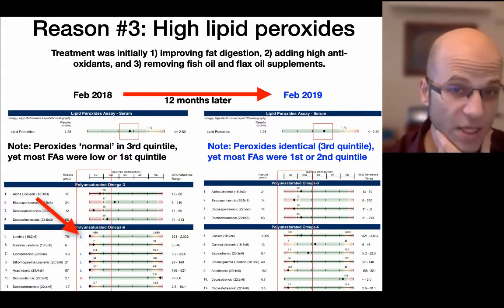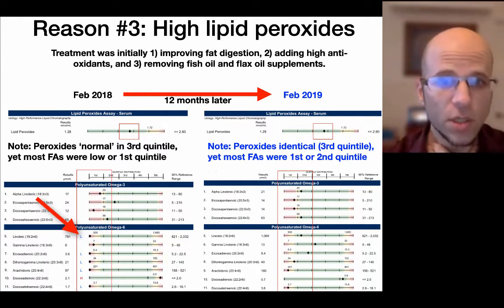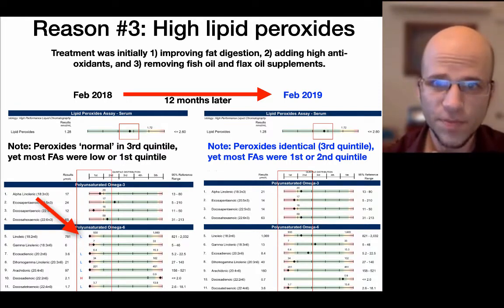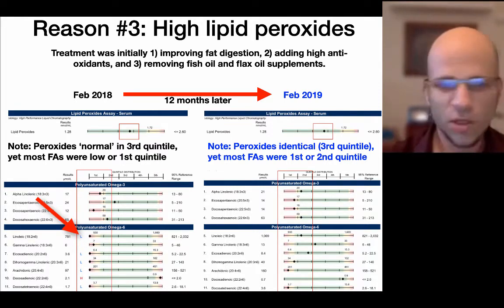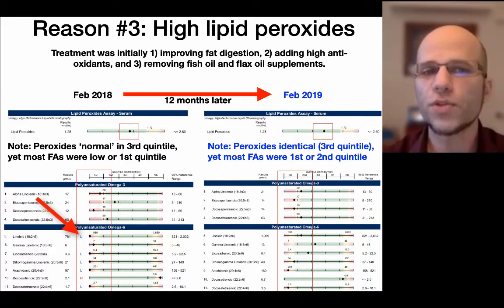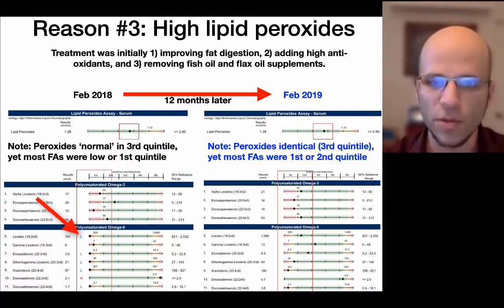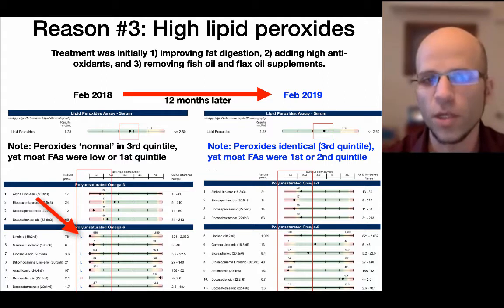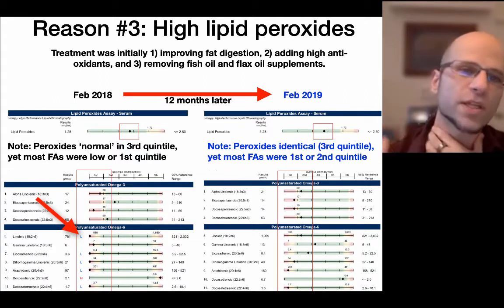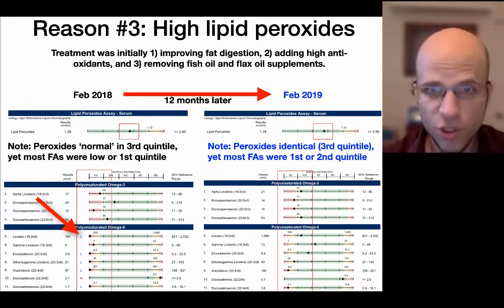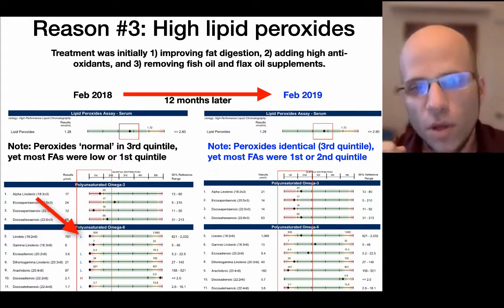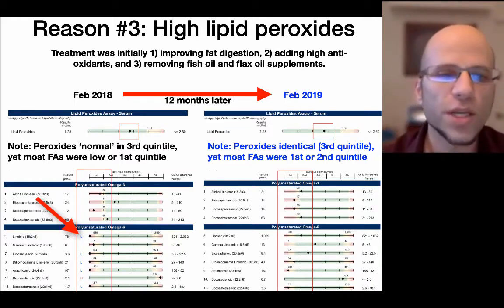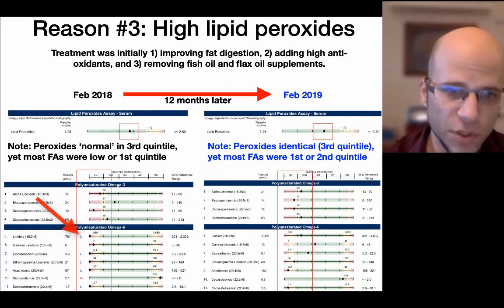In this case, this guy was not absorbing his fats. So if I were to give him high-dose fish oil and flax oil and all the rest, it'd be a total waste of his money because he'd just poop it out. Complete waste of his money. So what I did is I focused on his digestion first, not reconstituting his fatty acids. That's what I focused on.